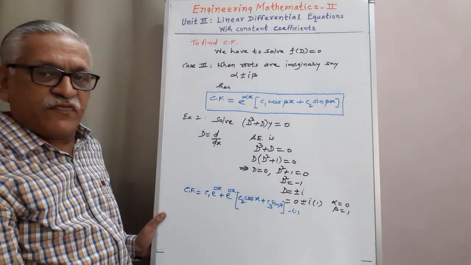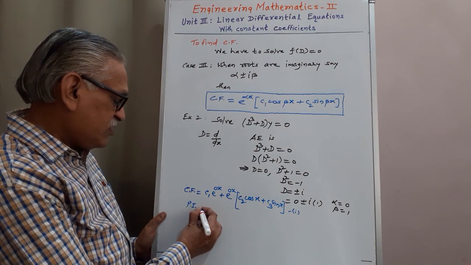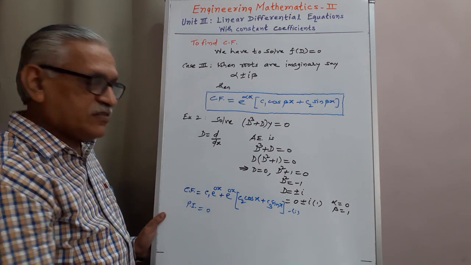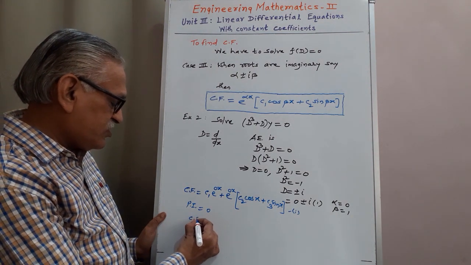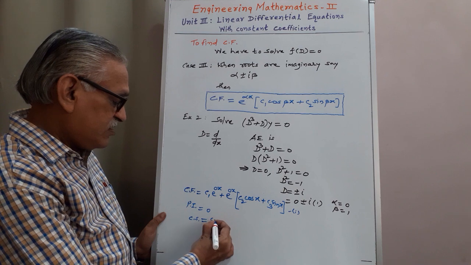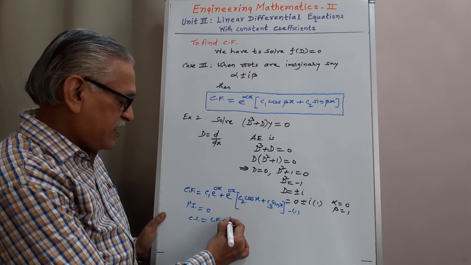This is the CF, complementary function part. And as the right hand side is 0, PI does not exist. We write PI equals 0. And then the complete solution is CF plus PI.